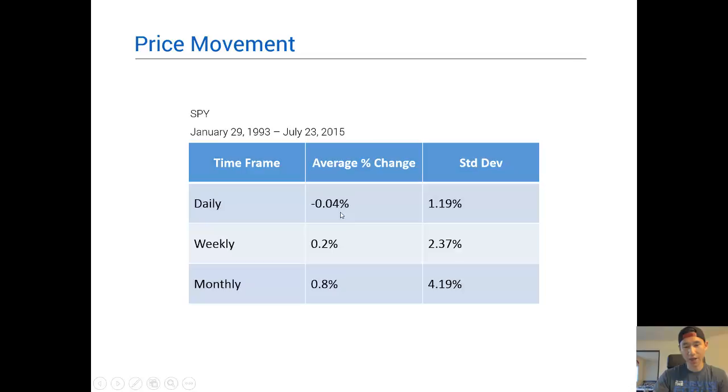You see the average percentage change on a day-to-day basis is 0.04%, and it has standard deviation 1.19%. But as you increase the time from a weekly to a monthly, it goes from 0.2% to 0.8%. And also the standard deviation increases. So what that tells us is as you increase your time frame, there is more price movement that occurs.